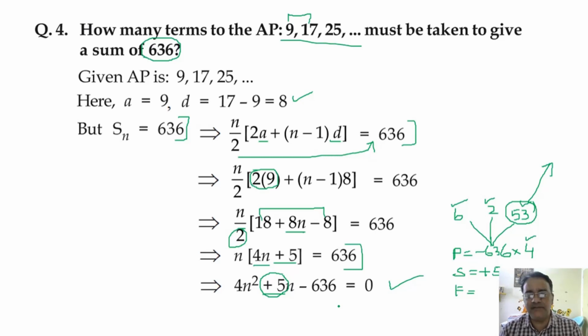Now if you multiply 53 with any even number, that will become even. So like that I got 53 and 48. The sign of the middle term is plus, so the bigger number gets plus: plus 53 and minus 48. Is that clear to all of you, this splitting?